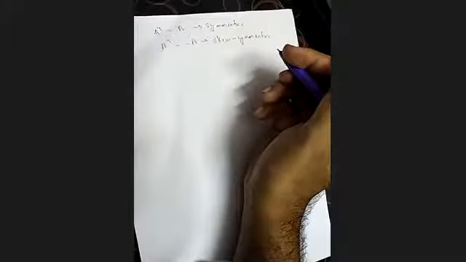Now, next was determinant. Determinant of 3 by 3 matrix. What is the determinant of a 3 by 3 matrix? A sum of all the products of elements of the first row with their corresponding cofactors is called as determinant of a 3 by 3 matrix. So what is a cofactor?